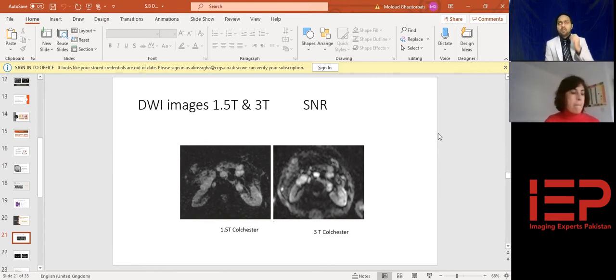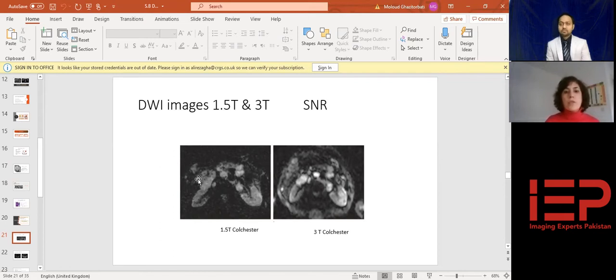So except for the difference in magnetic strength, what are the other differences between 1.5 and 3 Tesla? Because you have compared your images on 3 Tesla and 1.5. Yeah, as I discussed earlier in the meeting, when we have 3 Tesla, as the strength of the magnet is higher, we get a better signal to noise ratio.